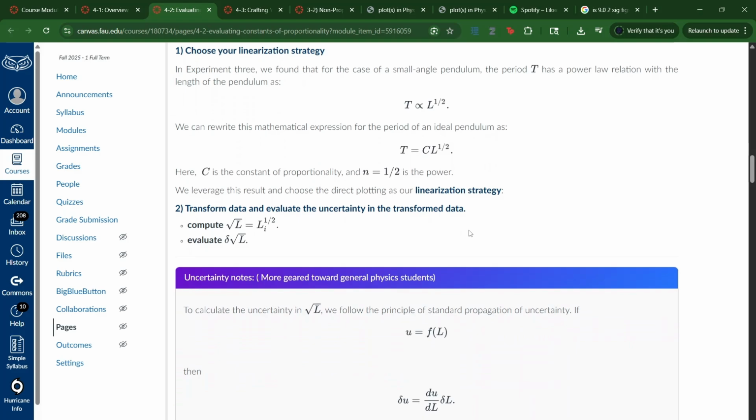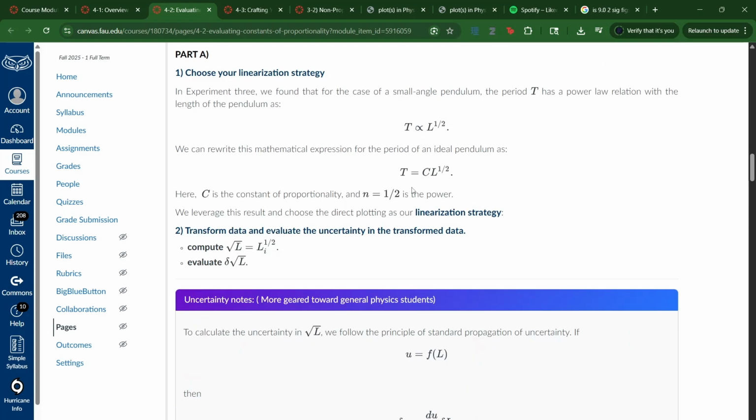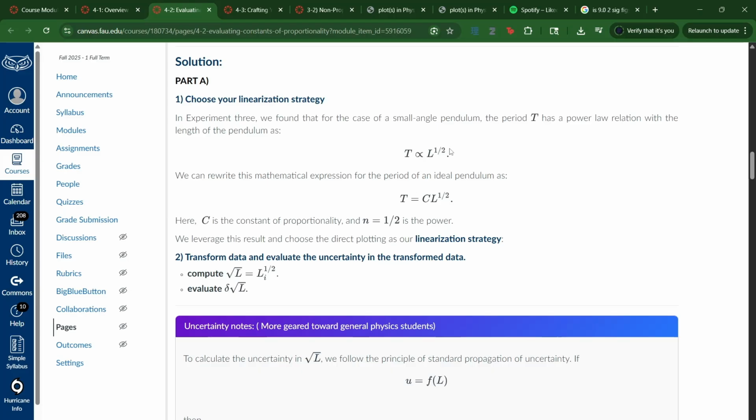For example, for the period of a simple pendulum, we know that t is proportional to the length to the 1/2 power. So t is equal to some proportionality constant c times L to the 1/2 power. For this particular data set, we would want to change our L values to L to the 1/2, but then we need to calculate a new uncertainty for L to the 1/2.